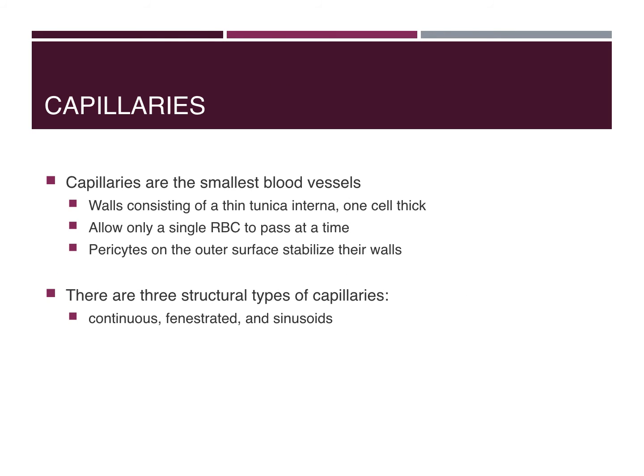Okay, and then so for capillaries, these are going to be the smallest blood vessels, and so they just have an endothelial layer. So it's only the tunica interna, or intima, and so it's a single cell layer of endothelial cells, and then we have like a basal lamina holding that together, okay, so that it doesn't fall apart.